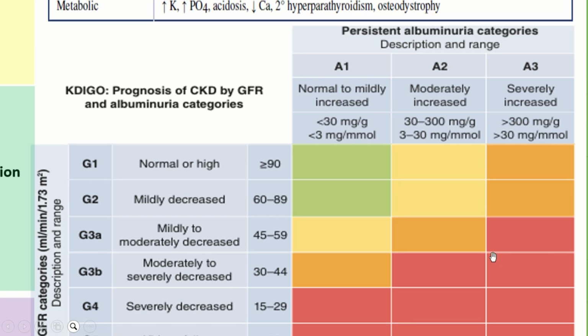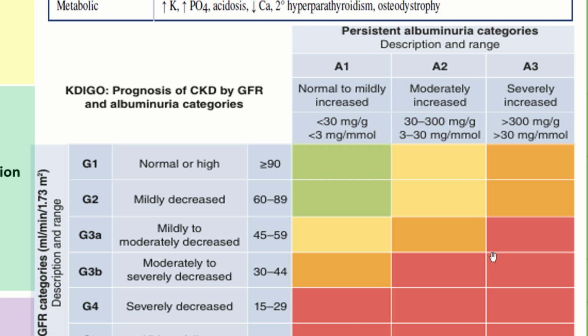The staging or the classification is going to be as follows. We are going to consider the amount of albumin in the urine as well as the glomerular filtration rate. When someone has a glomerular filtration rate greater than 90, we are going to think maybe that is normal or it might be high.